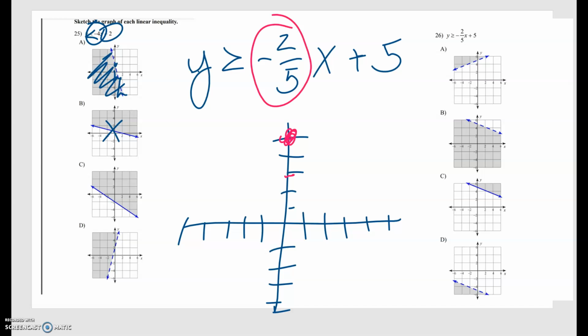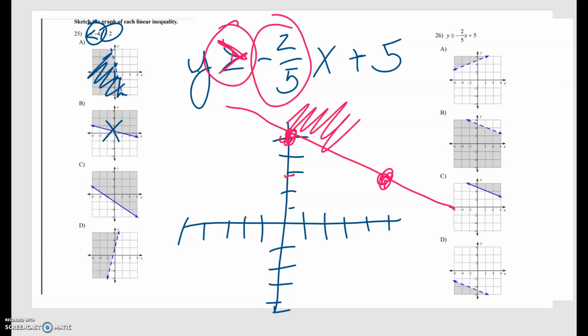And because this has an equal bar, we make a solid line. And because my arrow is pointing to the right, it's a greater than symbol. So my answer would shade above. So my answer would have to be C.